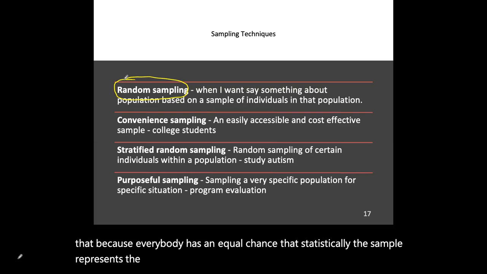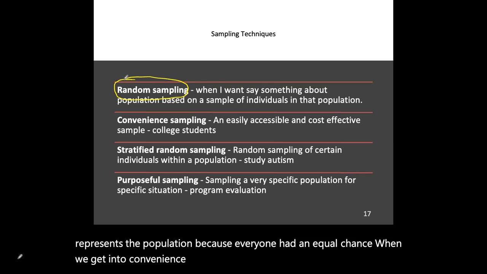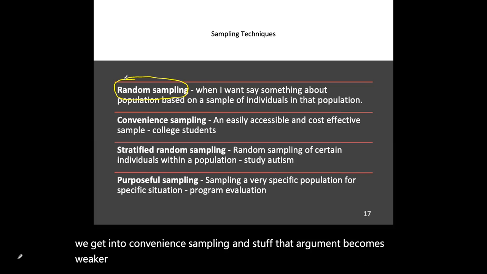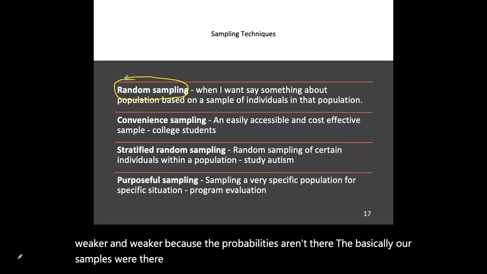When we get into convenience sampling and stuff, that argument becomes weaker and weaker because the probabilities aren't there. Basically, our samples were there more by luck than by chance or probability.